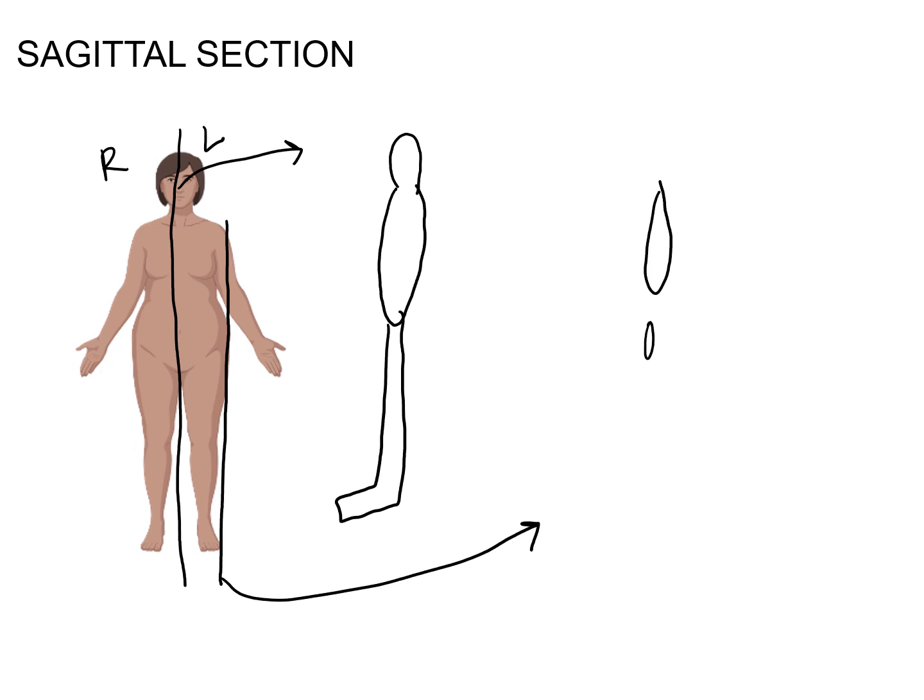In this class, we will most likely just say sagittal and leave it up to you to determine if it's a mid-sagittal or another off mid-sagittal section. But what you have to do is you have to think of the outline that is produced from a sagittal section. And that many times it looks much like the outline of someone if you were viewing them from the side.